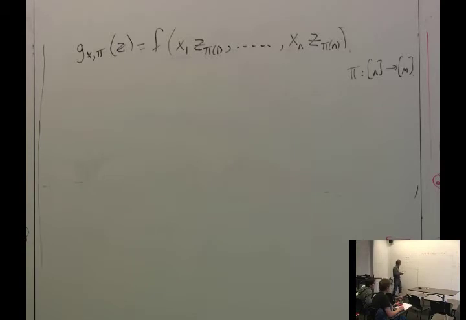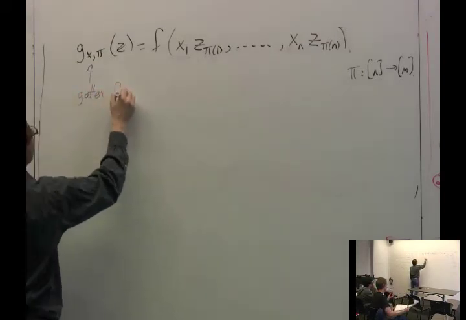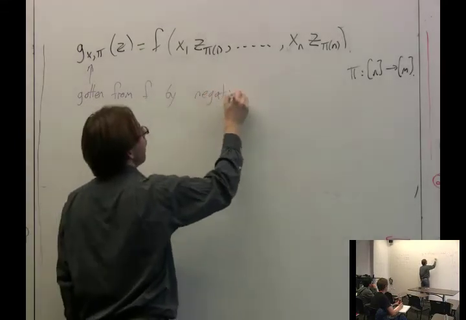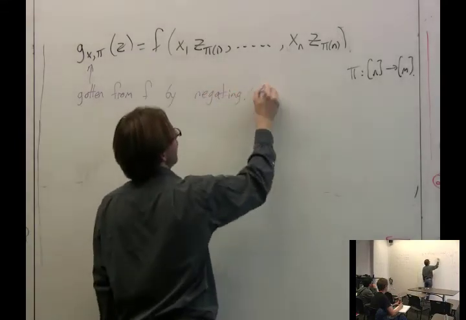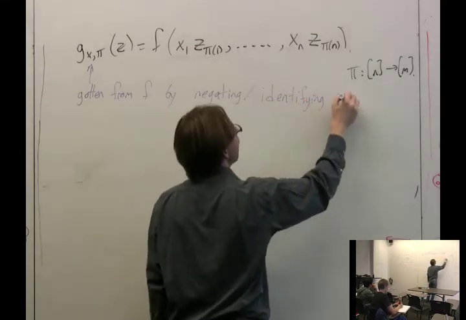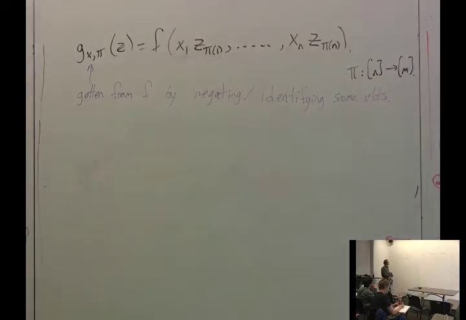Okay, so I also claim that this is gotten from f by negating and identifying some variables. Actually, having written it, I was like, oh, how do I explain this? You identified all the variables for which you mapped.